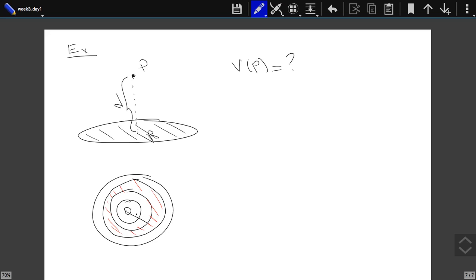Let's say it has a radius r, small r, and the thickness dr. The disk has a uniform charge, and the total charge is q. So what is the charge of this ring?